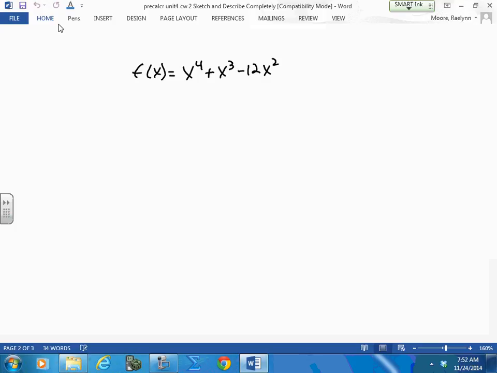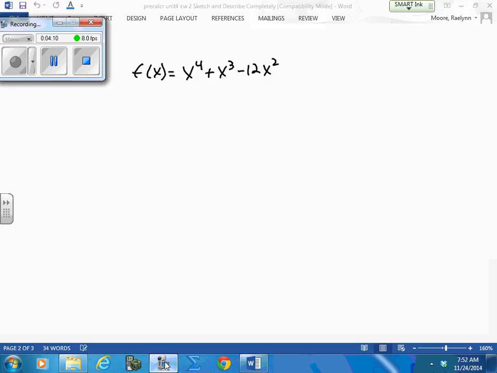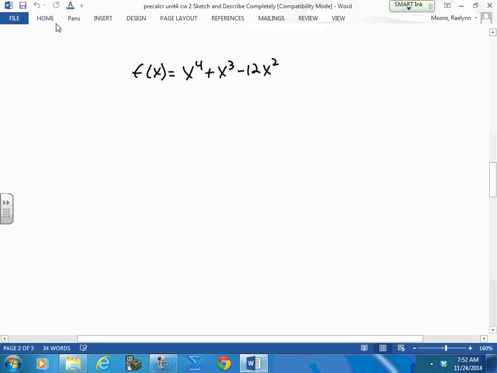Okay, start like this. Your highest one is a 4. So how many zeros should I have? 4 zeros. Describe my end behavior. Both up. Leading coefficient is positive. Both ends up. They behave the same.